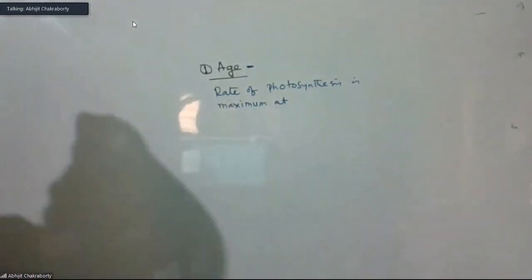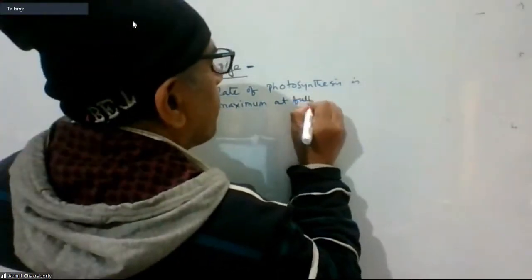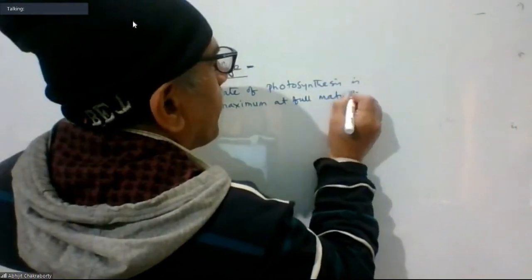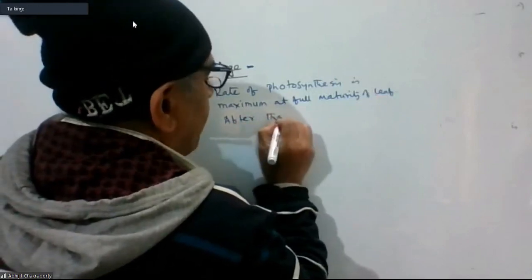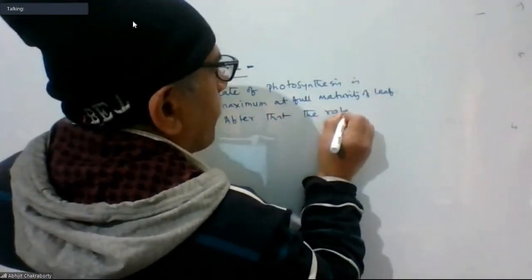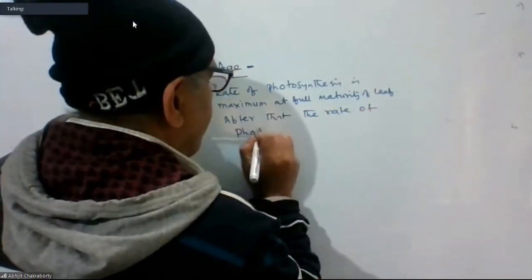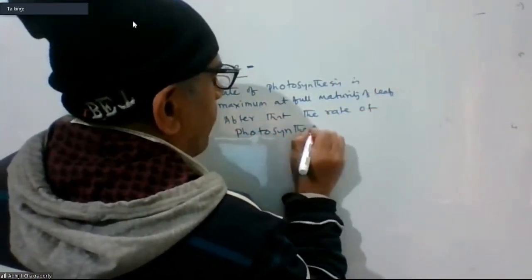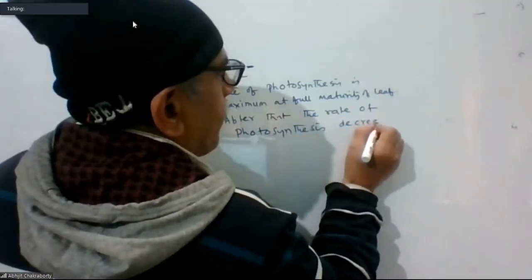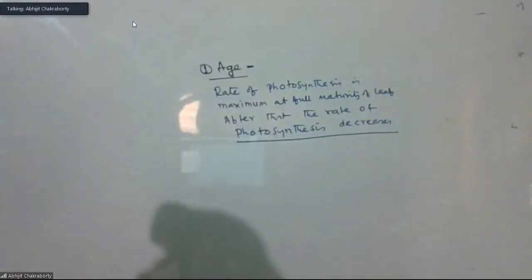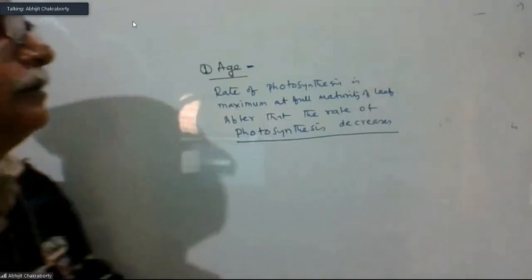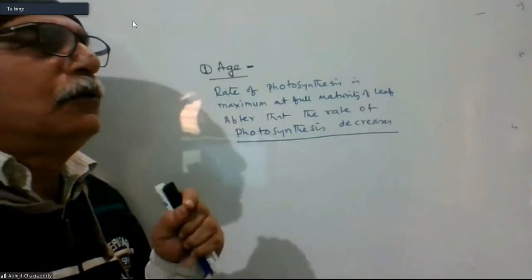At full maturity of the leaf, after that the rate of photosynthesis decreases. This is because after maturity, two things happen.